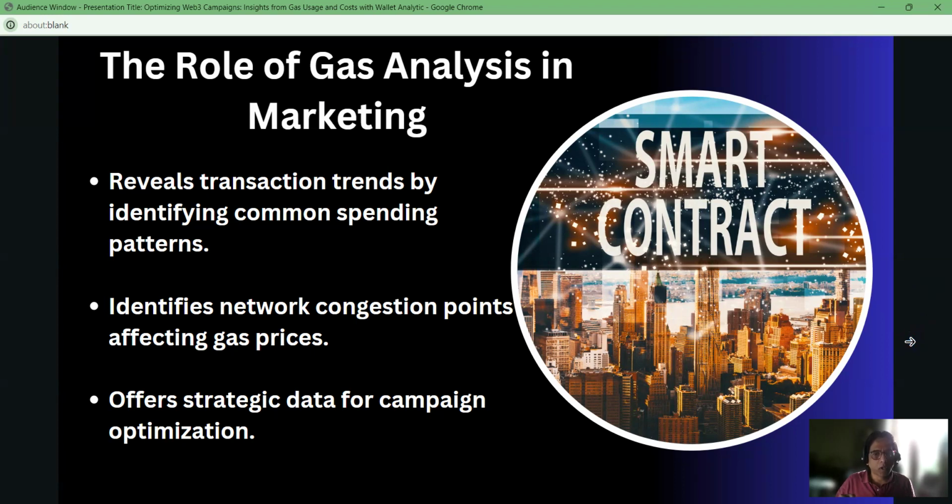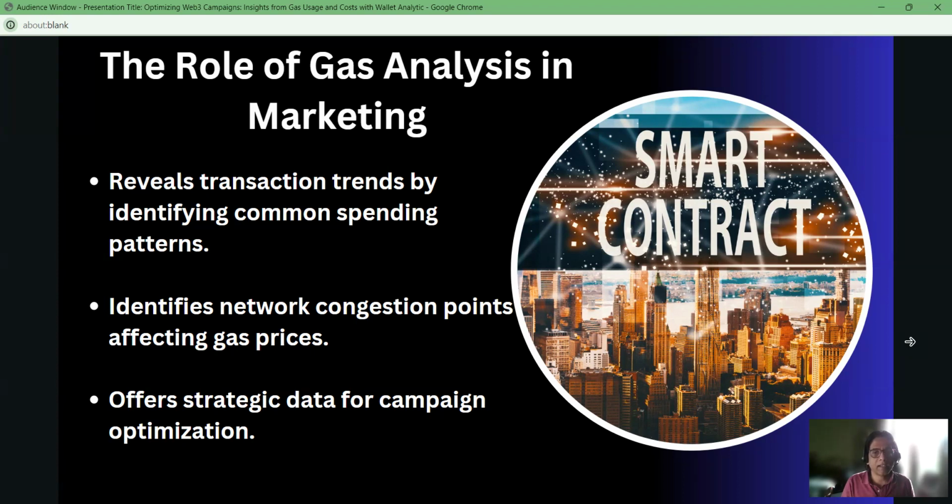So if we can identify using the data on which time the Ethereum blockchain is less congested, you can send your marketing campaigns to attract those users, and then specifically ask them to buy tokens or whatever you are selling on your website at that particular time, so that it will be less expensive for your customers.